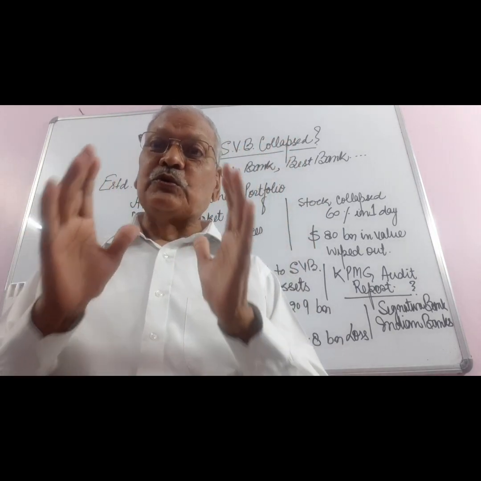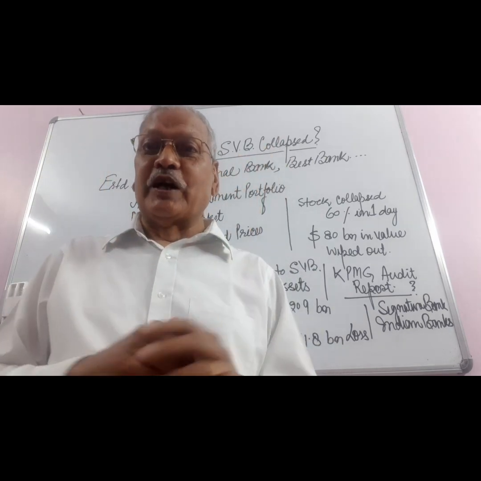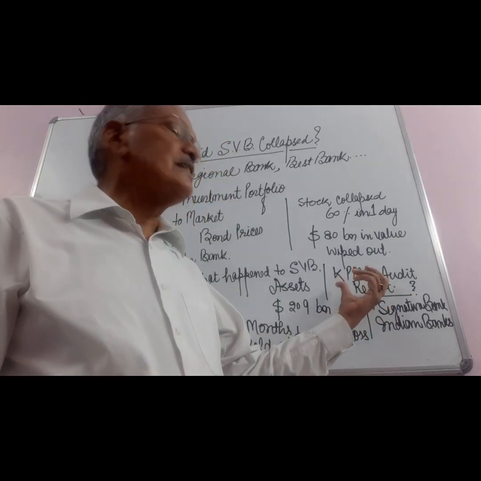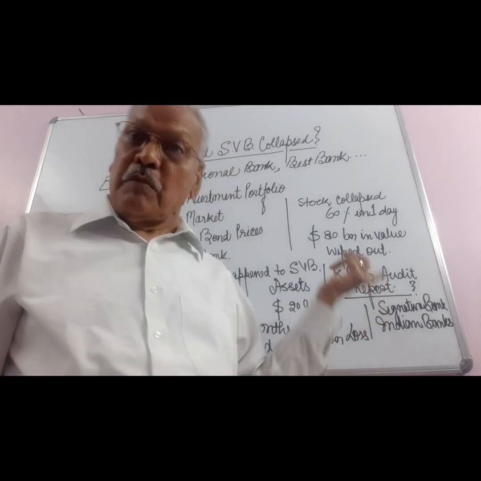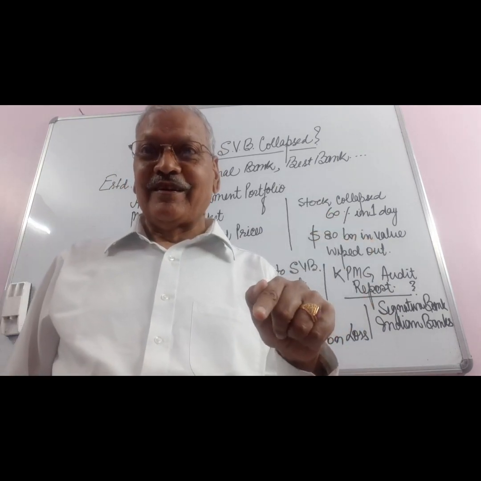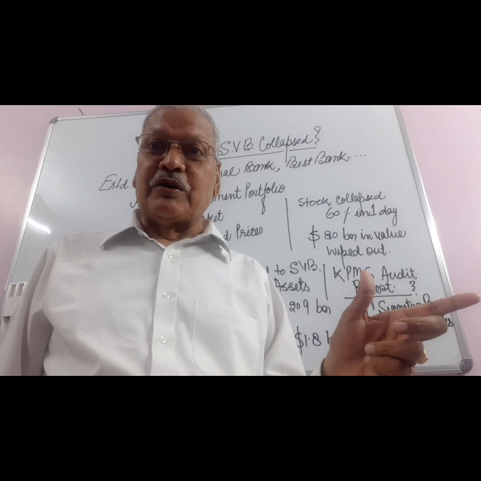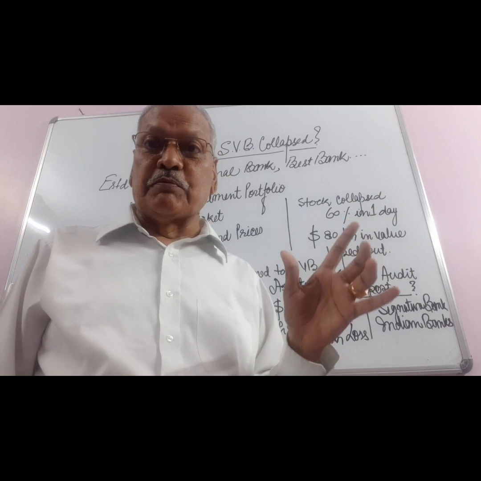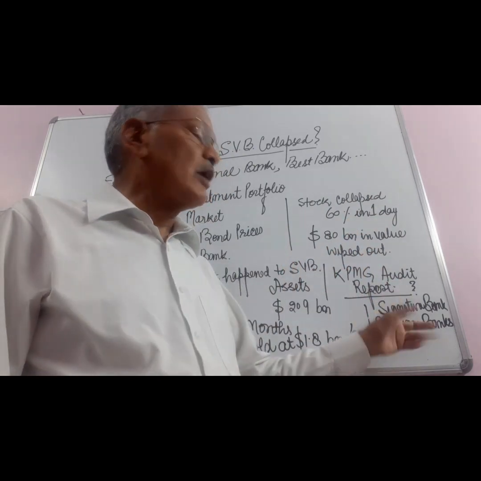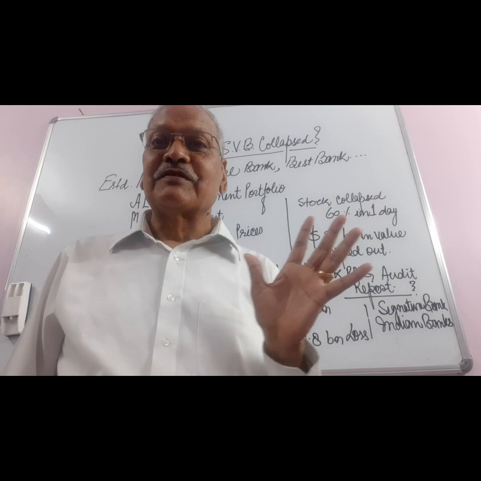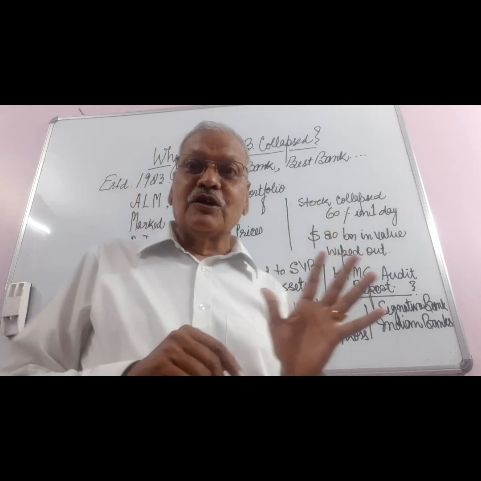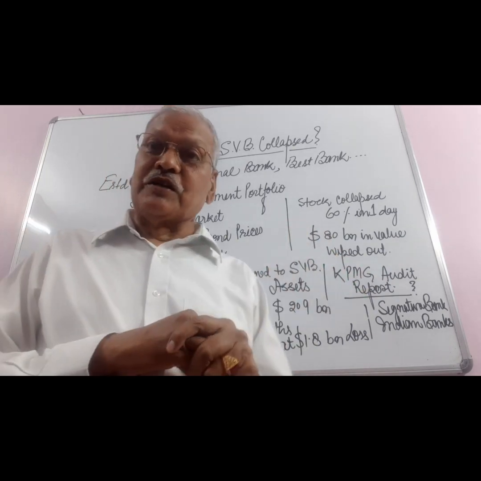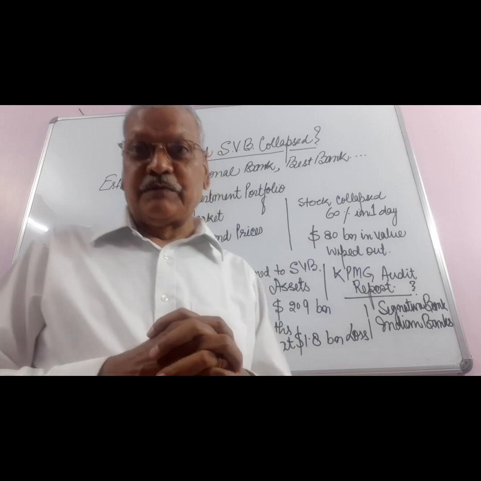Now this leads all of us to think about the credibility of these rating agencies and these audit firms, particularly in the US. They are giving a clean audit report and the bank is collapsing after 14 days. They are giving a clean audit report to Signature Bank and the bank is collapsing just after 10 days. So there is a big question mark on the performance of the rating and audit companies in the US.